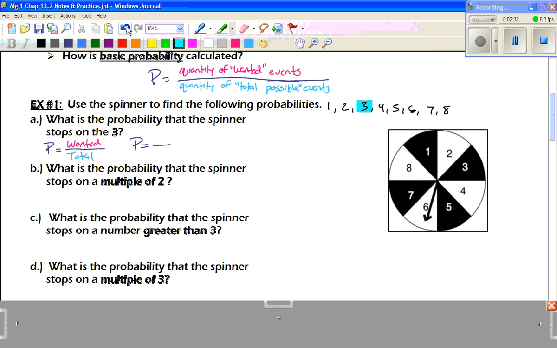So 1, 3, that's only one chance for that happening, out of a total of 1, 2, 3, 4, 5, 6, 7, 8. Okay. So the probability of that happening is 1/8. And now if you do that as a decimal, you get 0.125.